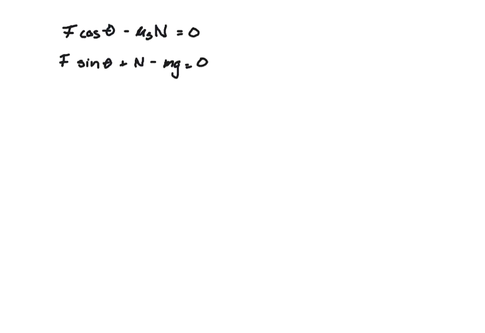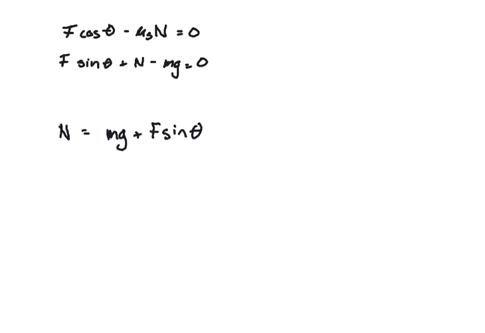So the first thing I'm going to do, because I know I cannot use n, is isolate n. So let's see, what equation am I going to pick? I'm going to use this second equation here. So if I leave the n where it is, I can add the mg over to here, and I can, oops, I did not subtract.